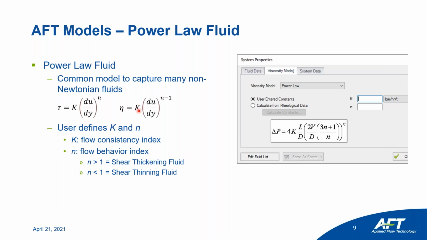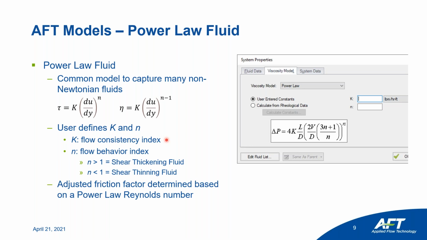So really we want the units of K to cancel out with the 1 over second units of our shear rate raised to the n-1 power. But for pretty much any practical purpose, we can treat K as having units of viscosity.